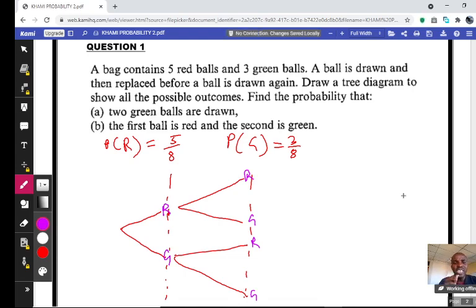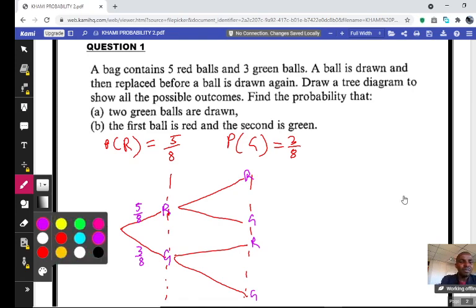Let me fill in the probabilities now. Given that I am to draw a red ball for the first time, the probability of drawing a red ball will be 5 over 8. Then a green ball will be 3 over 8. If it's a random selection with replacement, that will not change the probabilities of the red or the green ball.